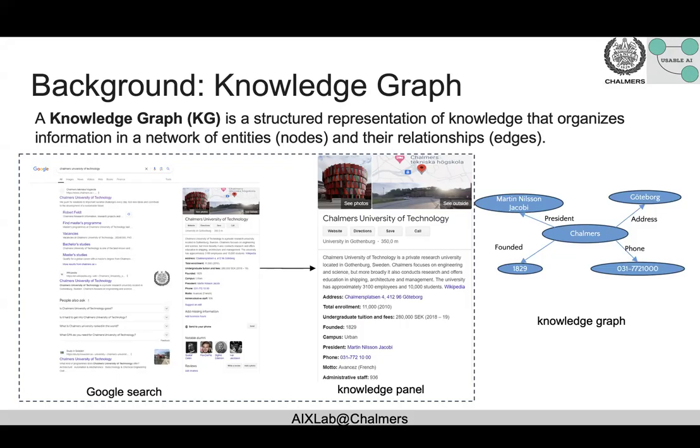It contains nodes and edges. Here, the node is the instance and represents the entities, and the edge represents the relations between the nodes. For example, here, Chalmers, the address is in Gothenburg, and it was founded in 1829. So it's very clear in representing information.